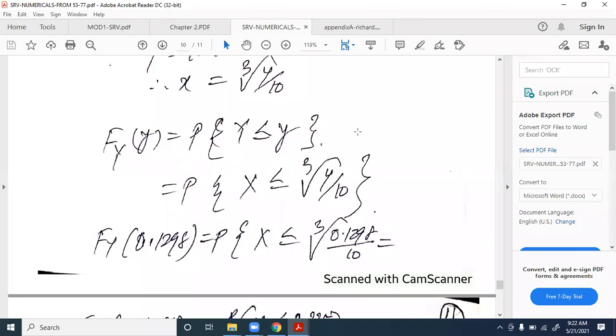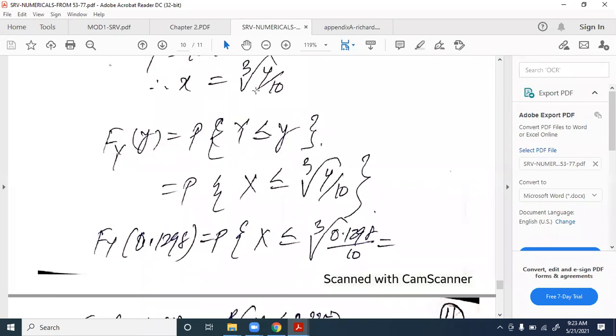Fy(y) is equal to Fx(x), this is the standard format. Fx(x) will be equal to P of X less than x, and that value of x is nothing but the cube root of y by 10.